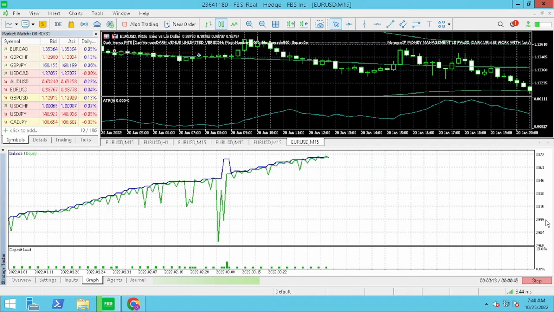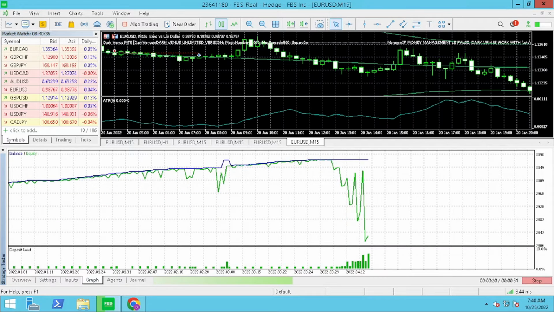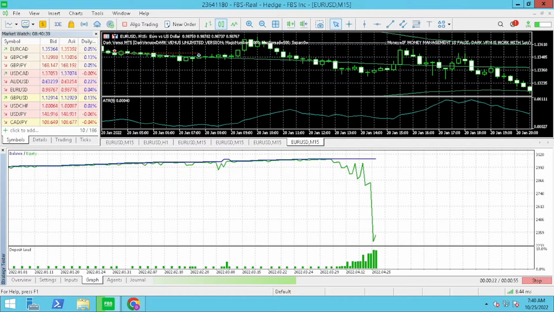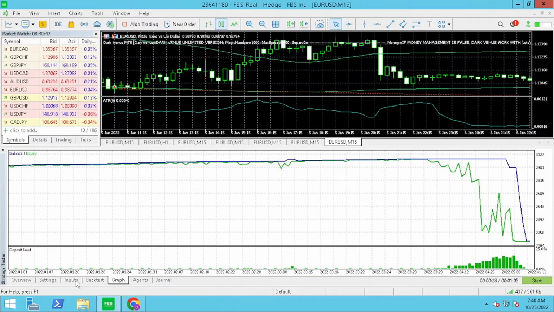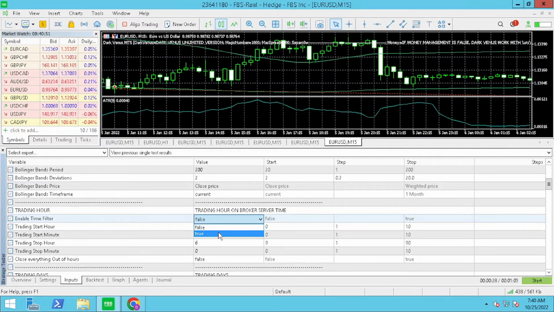If you are going to trade it during all hours of the day, you have to monitor for news events. A news event like this will mean that the expert advisor will hit its stop loss. So it's very important to set that to true and to adjust it according to your own market hours.